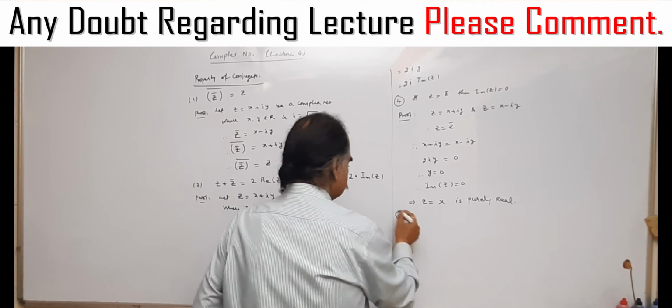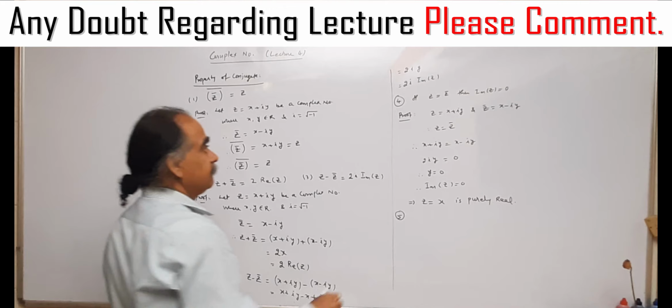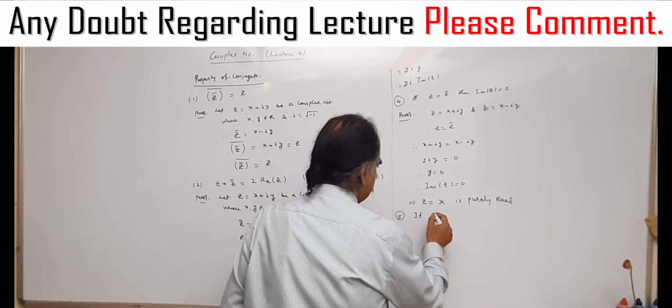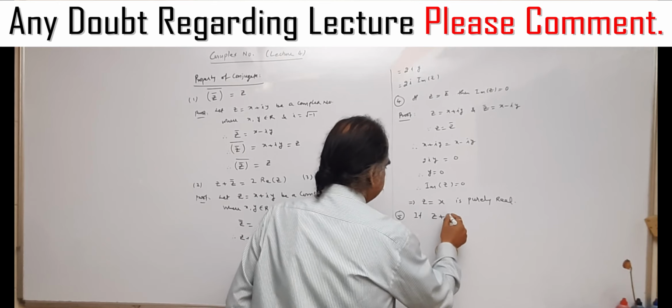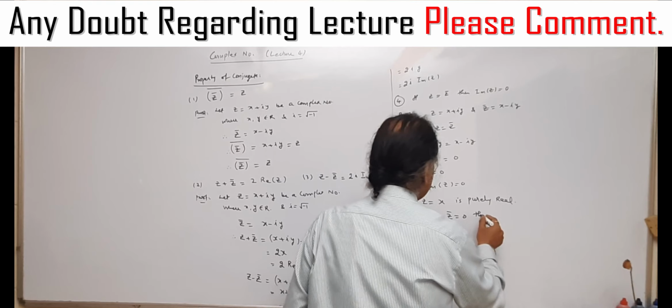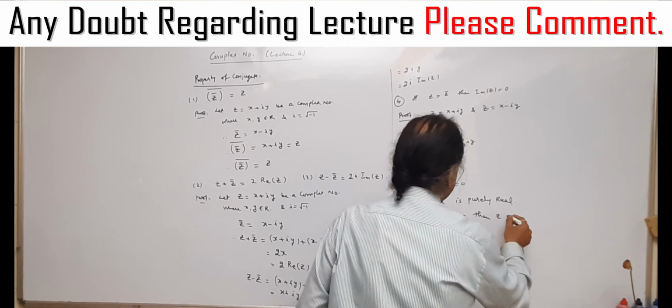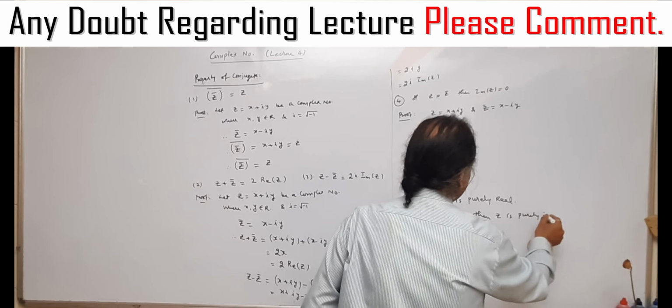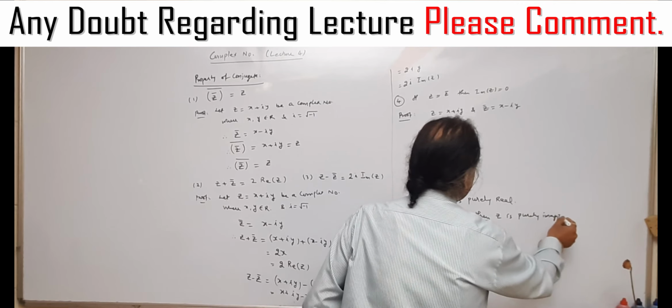Property number 5 is: if z plus z conjugate is 0, then z is purely imaginary.